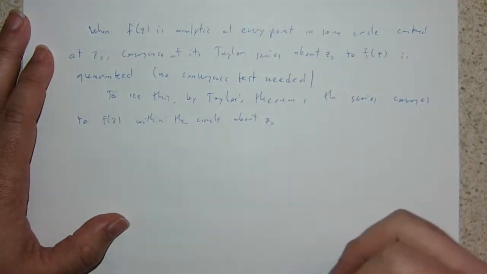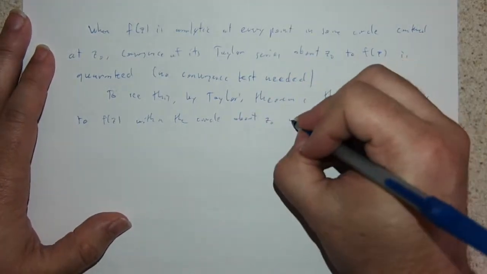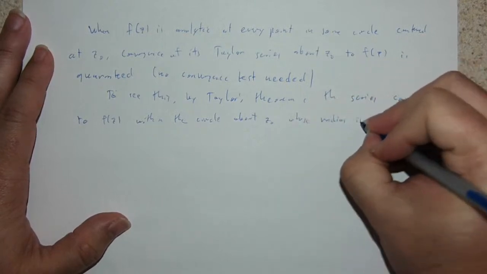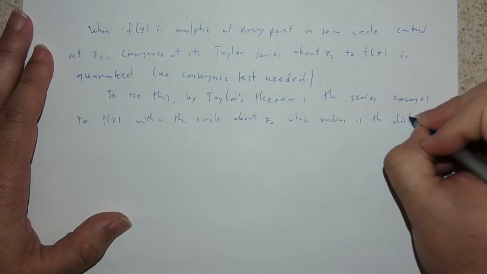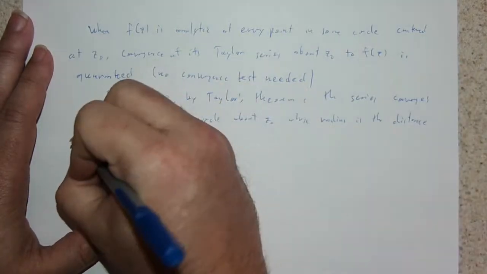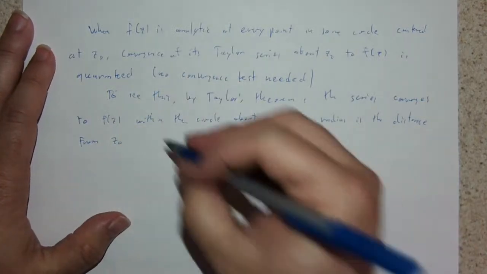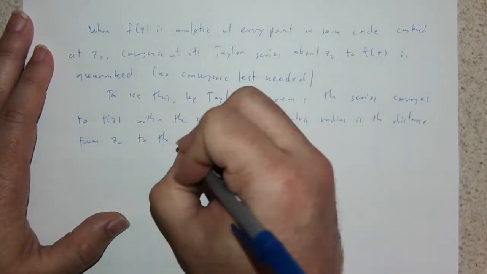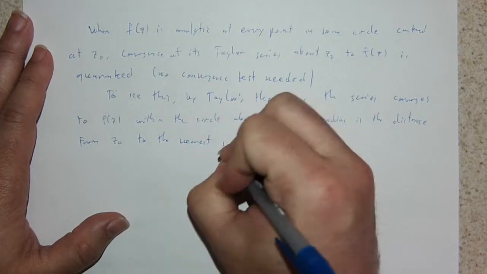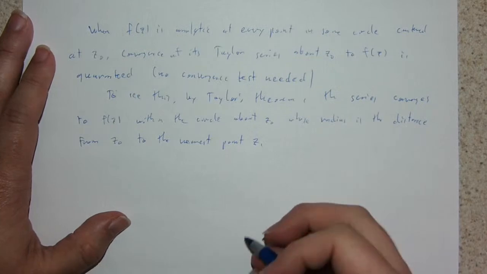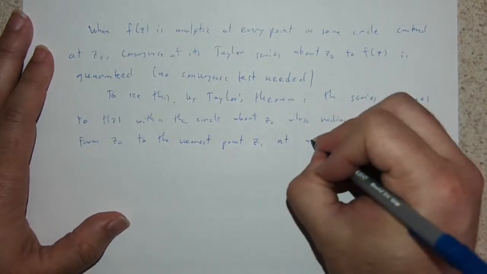So the series converges to f of z within the circle about z naught, whose radius is the distance from z naught to the nearest point z sub 1 at which f fails to be analytic.